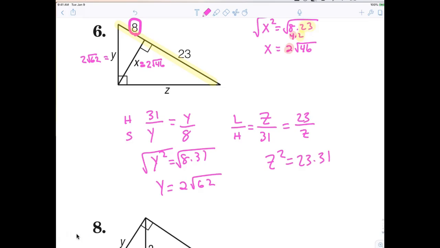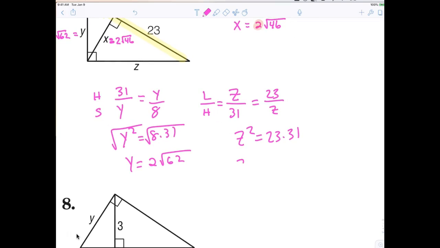Now what's the problem with 23 times 31? Yeah, they're prime. And when you multiply primes, so somebody tell me z is equal to the square root of 713. All right.